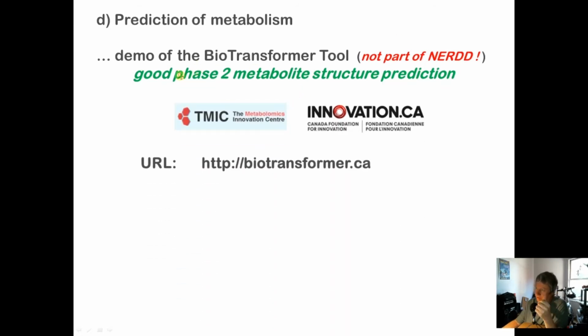And this is going to look at phase 2 metabolite structure prediction, given what we know about phase 2 metabolites and phase 2 metabolism, how they attach conjugate molecules onto something that's being metabolized, and this determines the structure of them, or it predicts it.